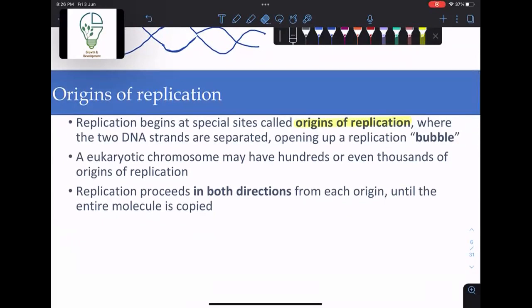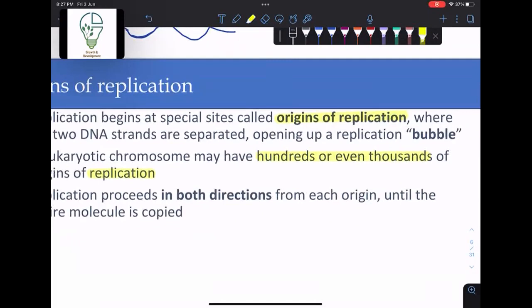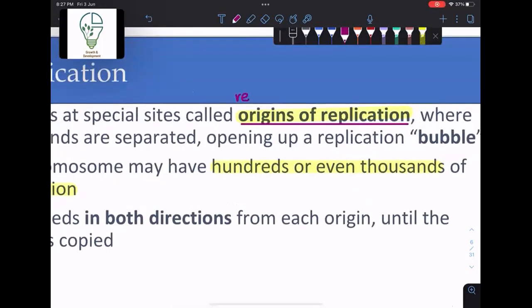So in a eukaryotic cell, you know, like bacteria, each chromosome may have hundreds or even thousands of replication forks, or origins of replication. Another name for origin of replication is also a replication fork.